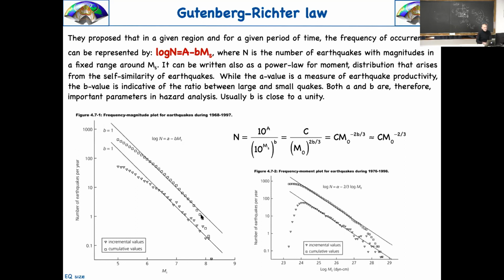But what is funny about this very simple law that is connecting the number and magnitude, at that time they were using MS, now it's of course MW, is that if you rewrite it as a power law, so if you take 10 to this power here, and you use the relation that we found here, actually you can find a beautiful power law between M and moment.